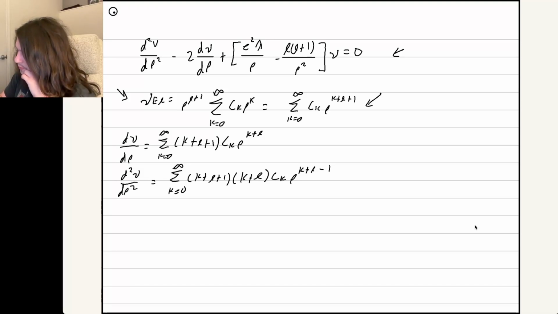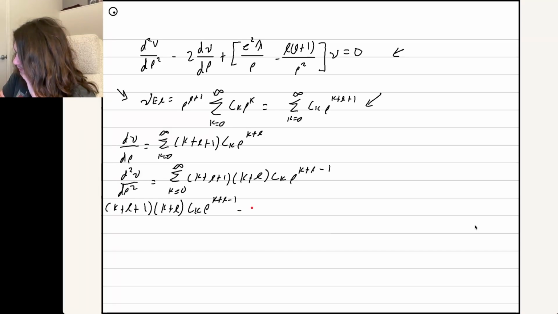So we have, and I'm going to use a shorthand where I'm not actually going to write the sum, just make a note that we're summing over k for these. So we have k plus L plus 1 times k plus L, ck rho k plus L minus 1.